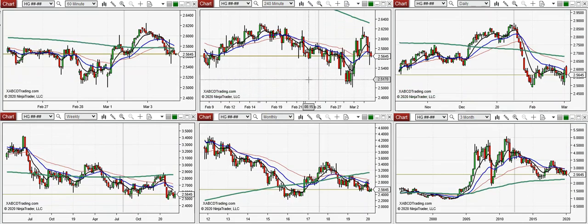And this is the copper future, the HG, and copper is always an early warning indicator if a recession is nearby, recession or a depression, because copper reacts on the downside very strongly if this is so.